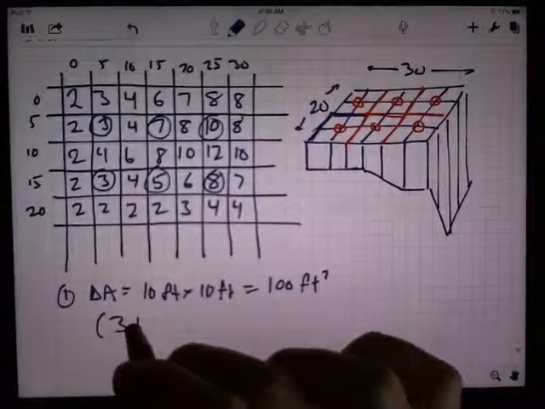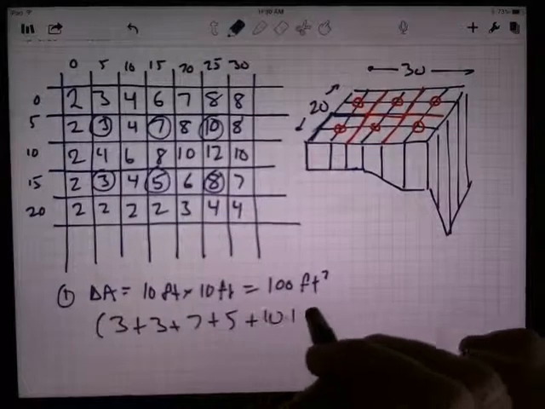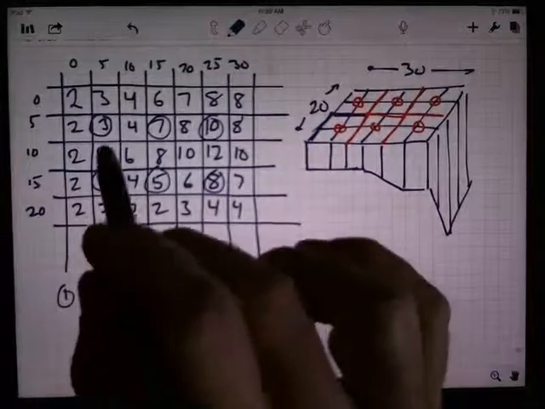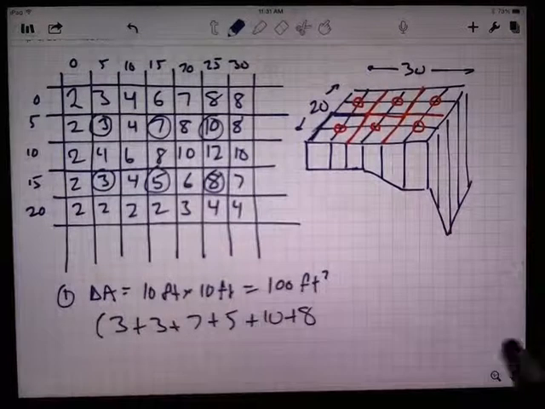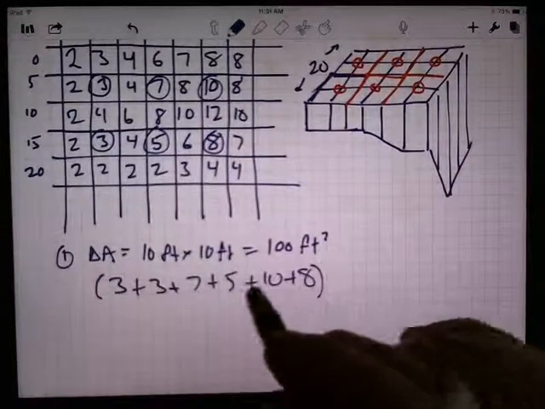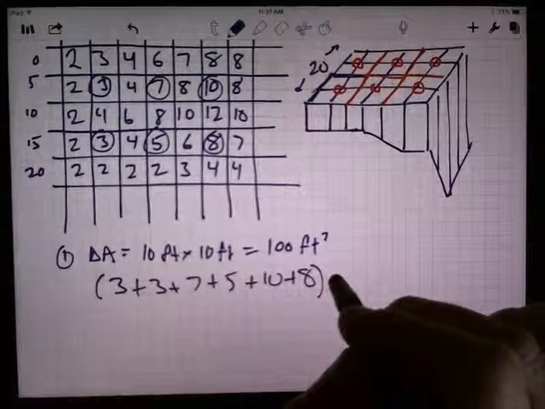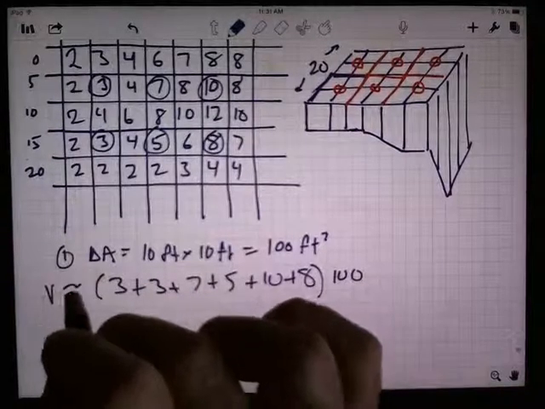I've got 3 plus 3 plus 7 plus 5 plus 10 plus 8. Notice it doesn't really matter if I add them up going like this or going like that, or taking some other order. Addition's commutative, so whatever order, it's not going to matter. So I'm going to add those all up, and then multiply by 100 to get the approximate volume.